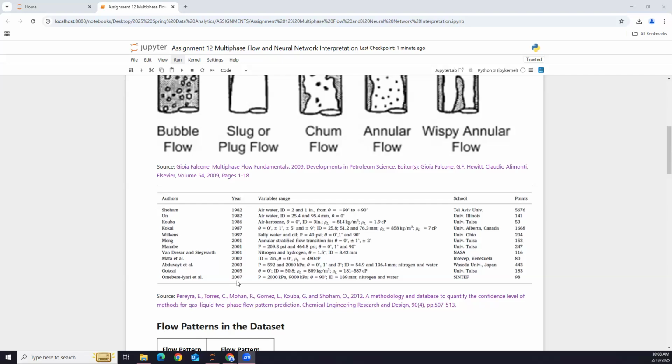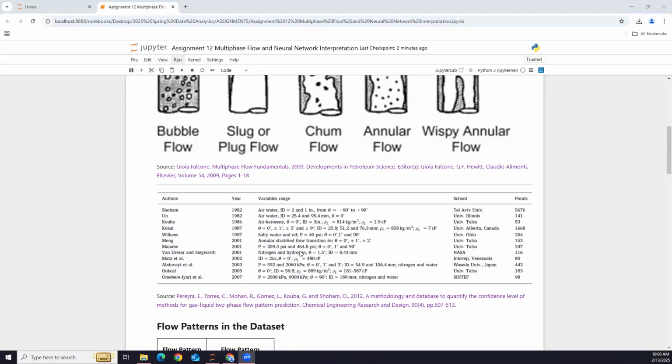And largely, we are looking at gas liquid flow for various inclinations, for various pipe internal diameters, densities of the liquid, viscosities of the liquid, and pressures and temperatures.